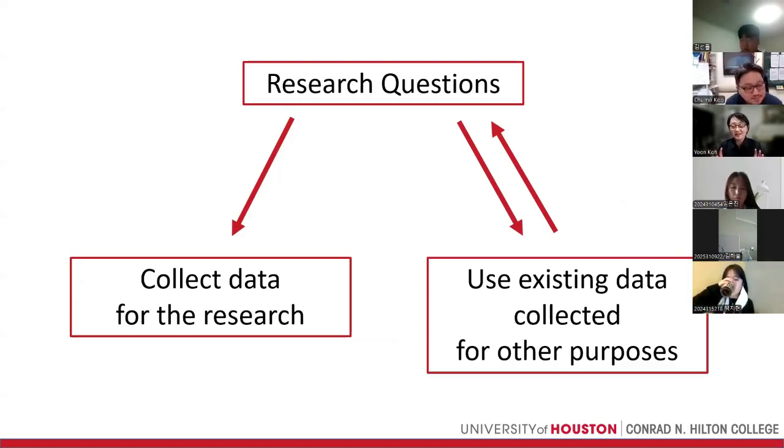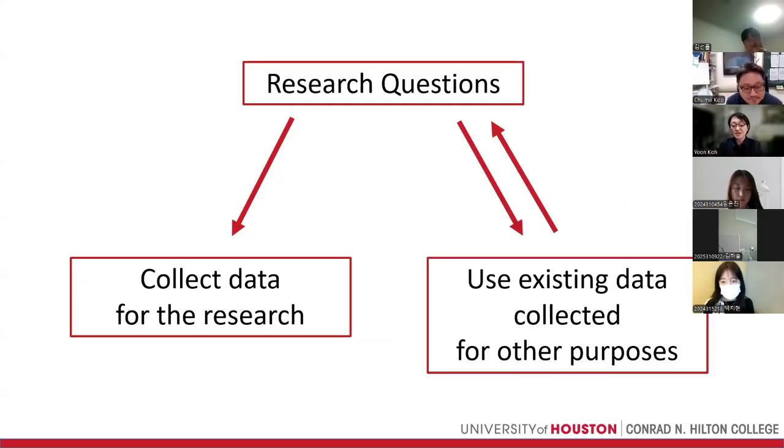But many other researchers use existing data collected by someone else for other purposes. For example, TripAdvisor is mainly review data. I mean, it's not all of them, but it is, and the scope is expanding. But it's collected for other purposes. It's not collected for my research, right?